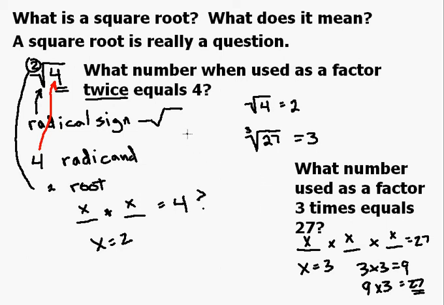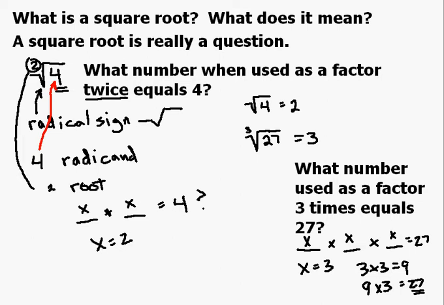Alright, so that's what roots are basically, they are questions, they are answers to questions dealing with number of times used as a factor equal to the number inside, which in this case is a radicand.